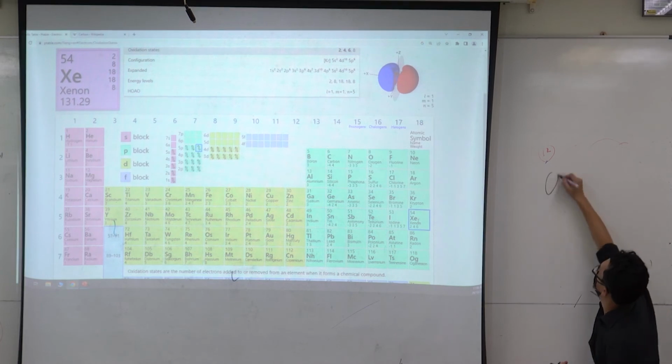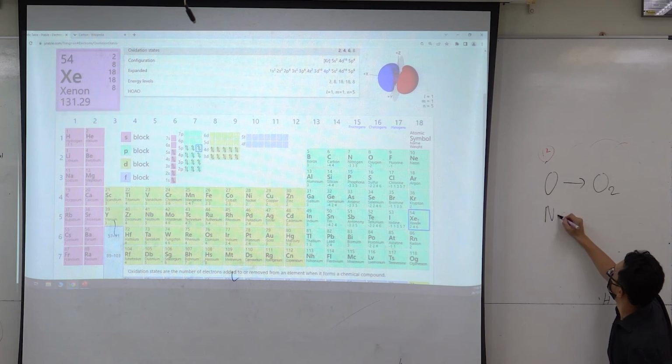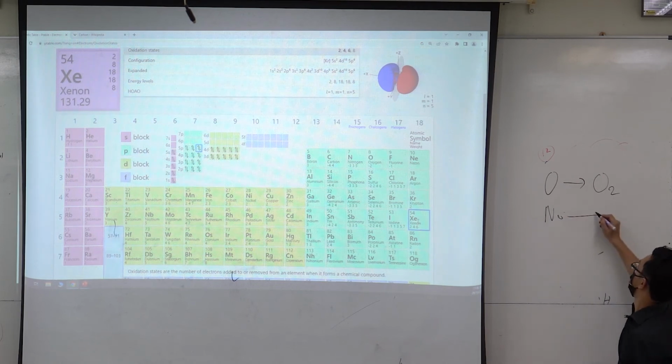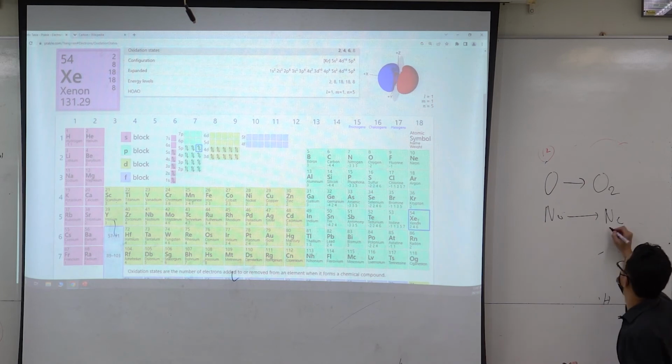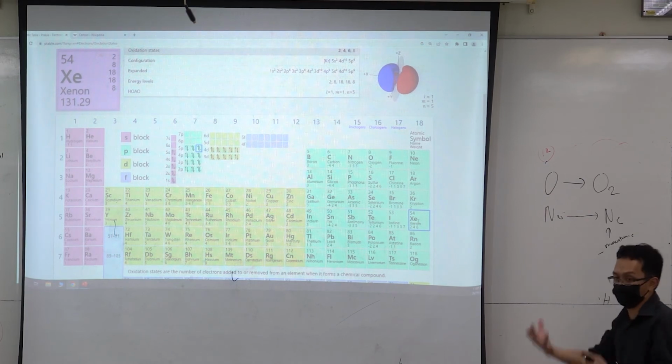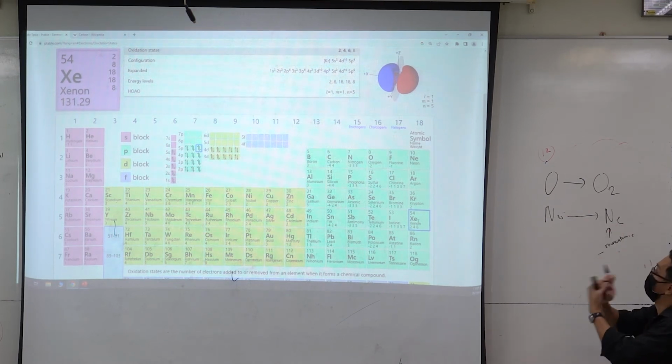For example, oxygen is always O2, but neon can exist by itself. Monoatomic means it exists as itself because it is so stable that it doesn't need to combine with others.